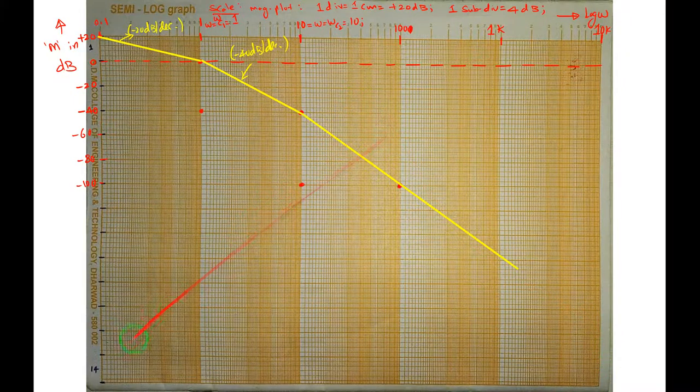So from here, till infinity, I am extending this magnitude plot. So it is minus 60 dB per decade after omega c2 equal to 10 radians per second till infinity. So it is going like this. So the magnitude plot is over.